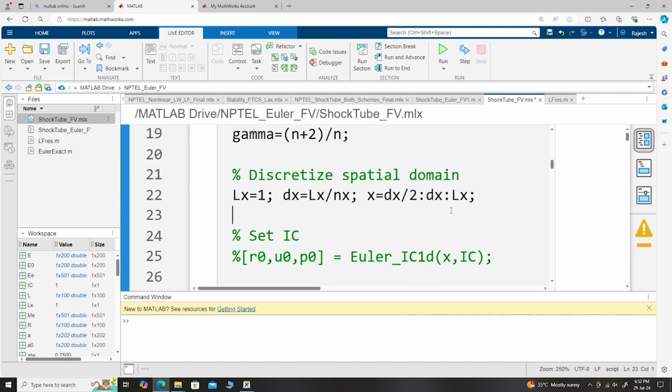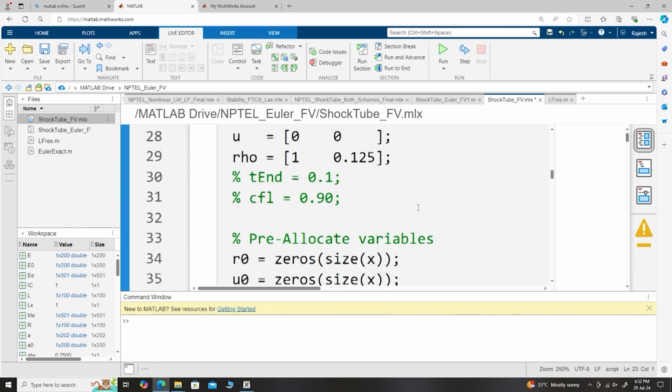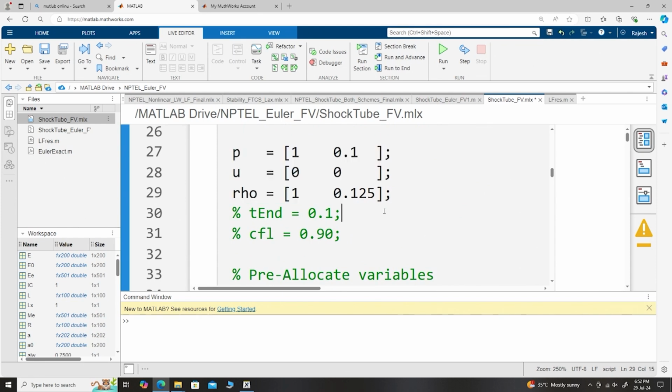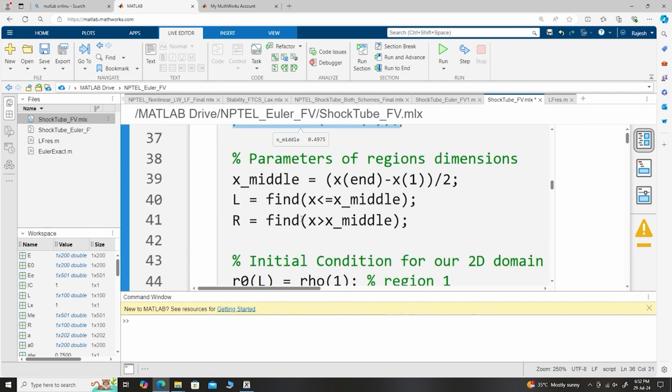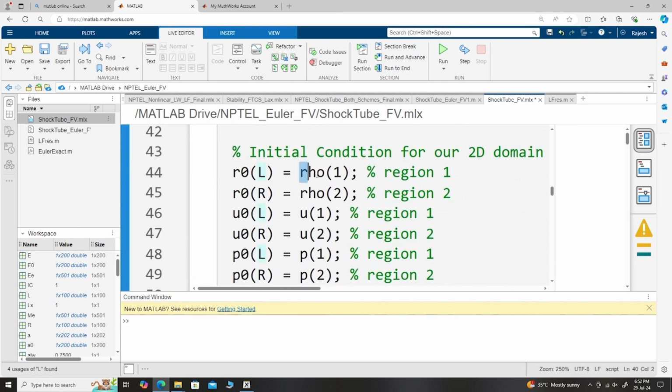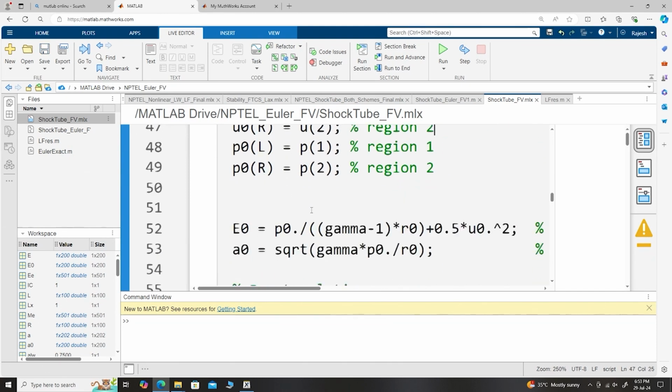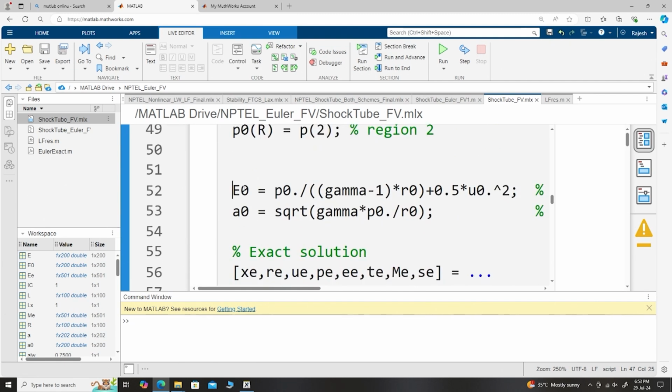So, it is the cell centered scheme, and these are my initial conditions, and I initialize the arrays rho 0, u 0, p 0, and if it is left, then you put the conditions on the left. If it is right, then you put the conditions on the right. You do it for rho, for u, and for p also. You can calculate the energy and the speed of sound using the formula that we have.